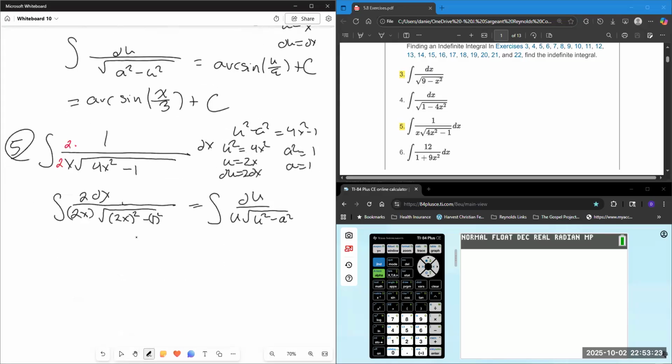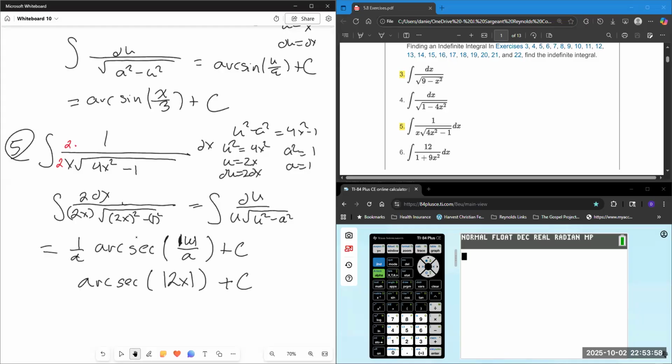And that gives me 1 over a arc secant of the absolute value of u over a plus c. Well, a is 1, so 1 over 1 is 1. Arc secant of the absolute value of 2x over 1 is absolute value of 2x. I'm going to put parentheses around there just to be clear that that's inside the arcsecant function. And that is number 5.